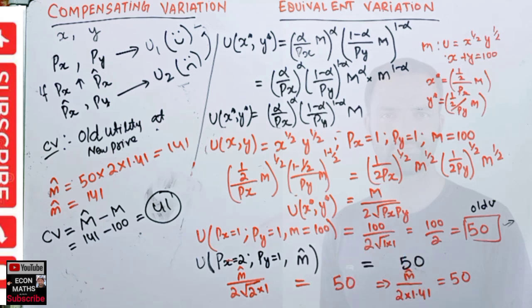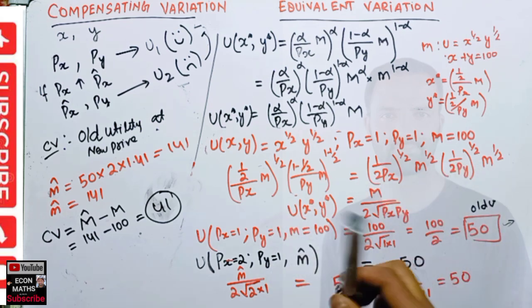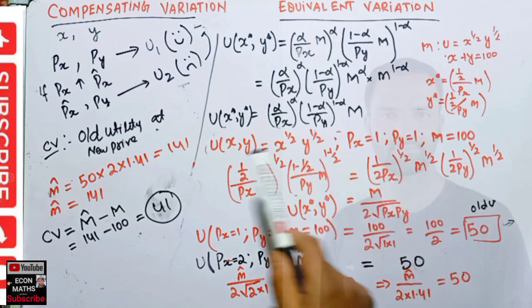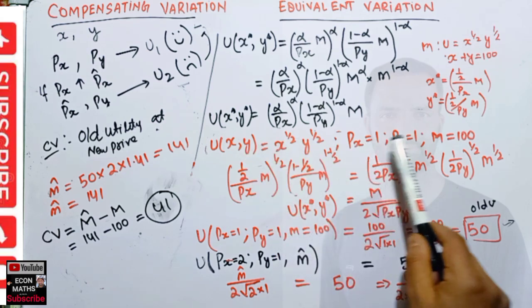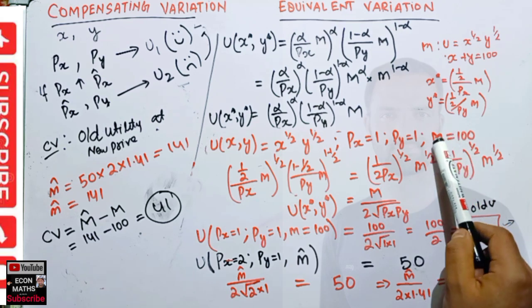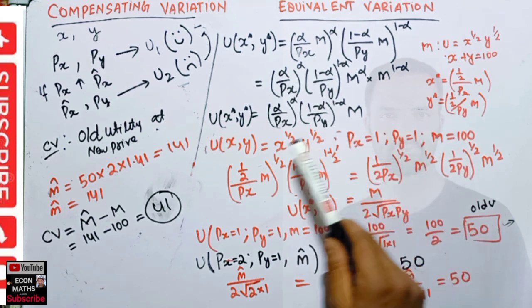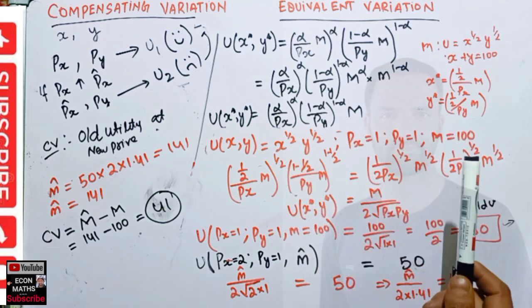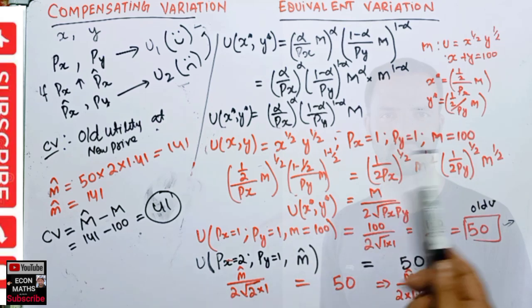I hope you are not getting confused here, but there is no need to be confused. How do we get the compensating variation? First, we took the original utility level, that is when the price of x was 1, price of y was 1, and the consumer has income of $100. We need to see how much utility the consumer gets at this level of price and income.